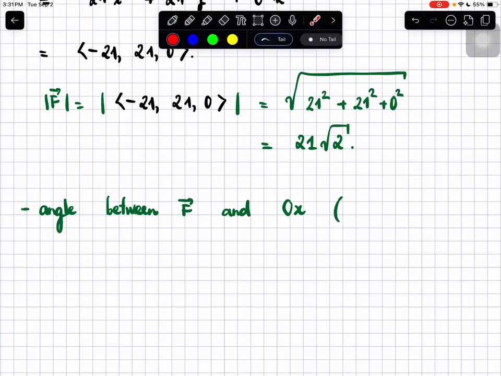You go from the origin along the positive x-axis.